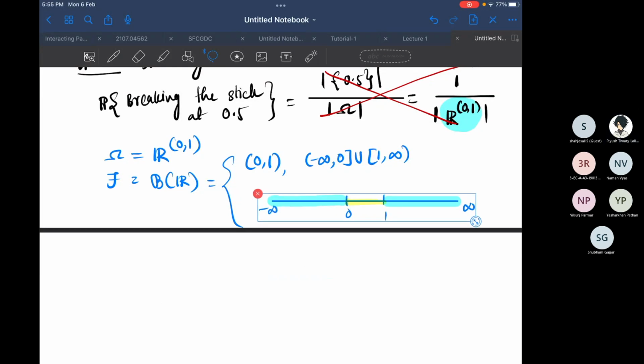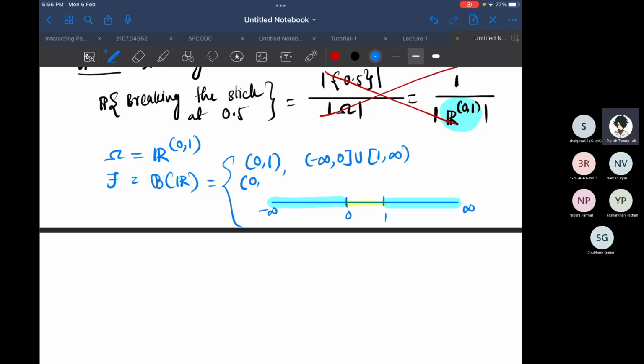Paste it here. Now, since it is an open set, I also know that 0 comma 2 is also here, because it is also an open set. So by this logic, minus infinity to 0 union 2 to infinity is also here.